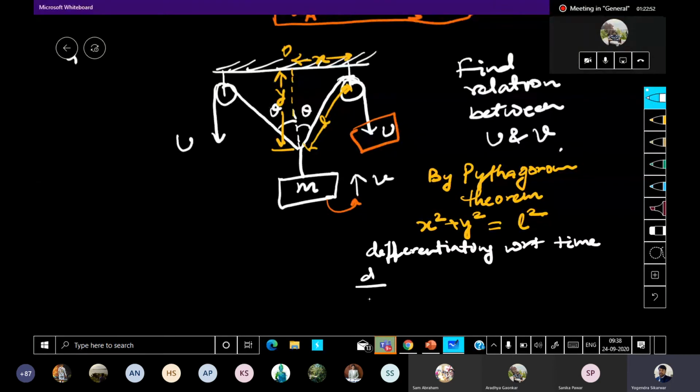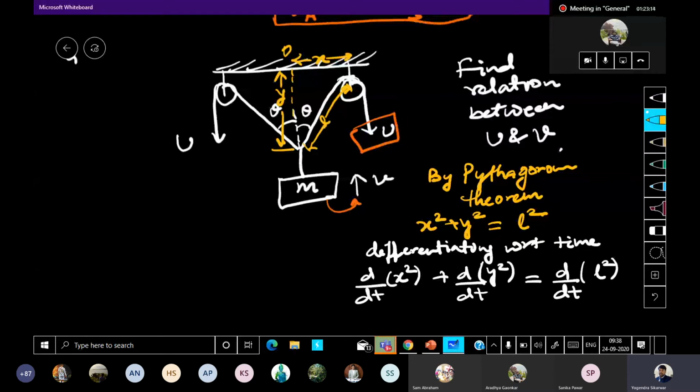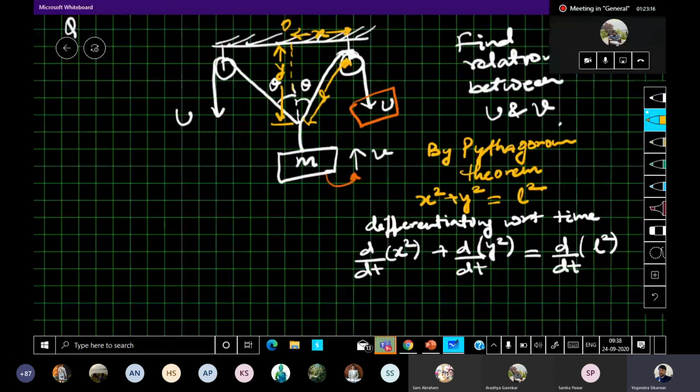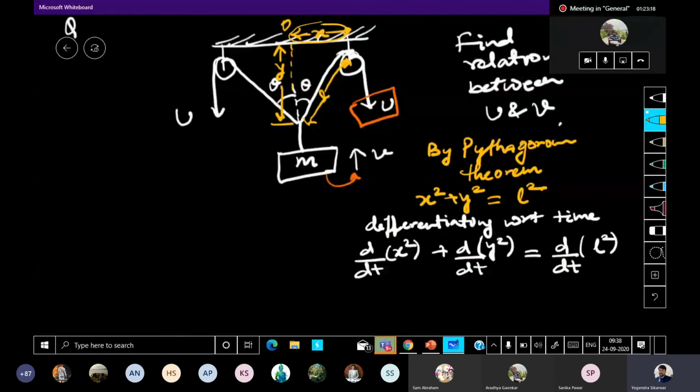So d by dt of x square plus d by dt of y square is equal to d by dt of L square. Now here x, can you see, is constant?